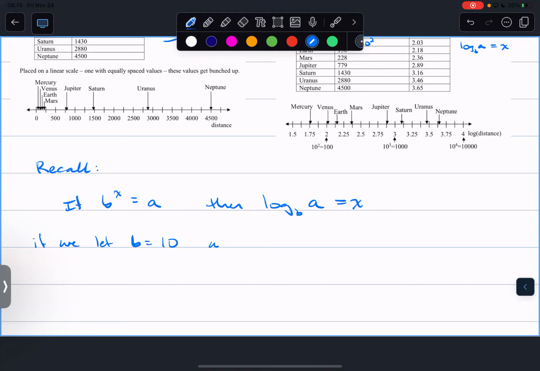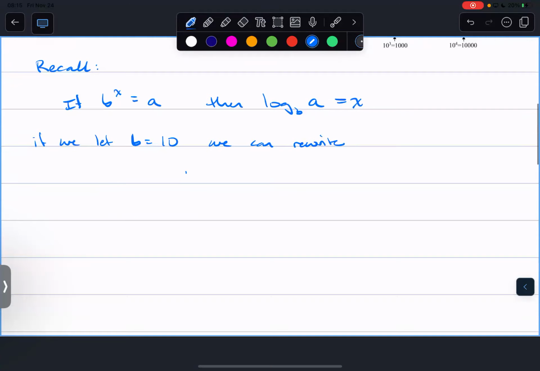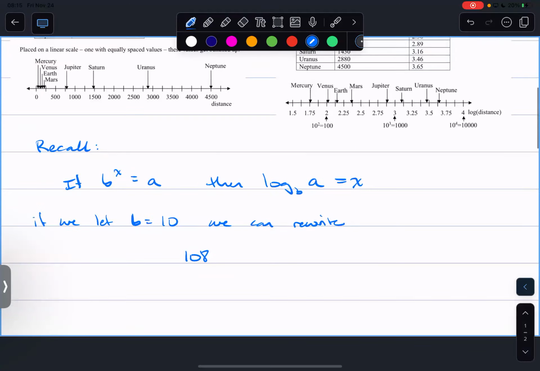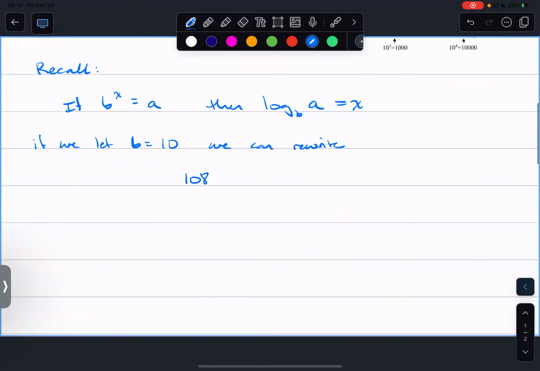We can rewrite 108 as roughly 10 to the power of 2.